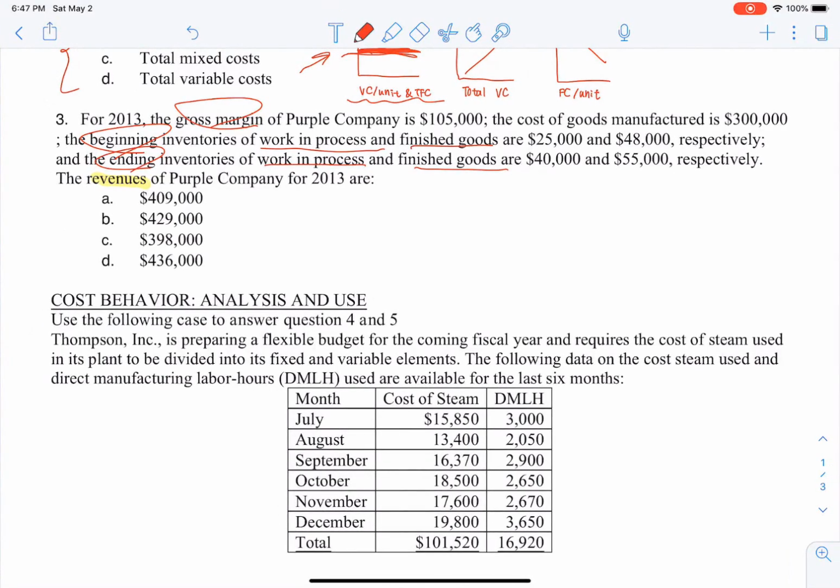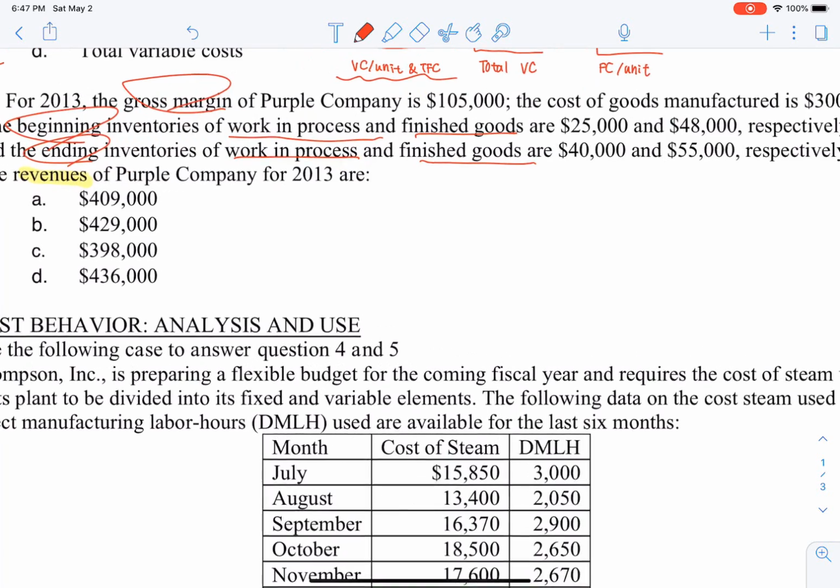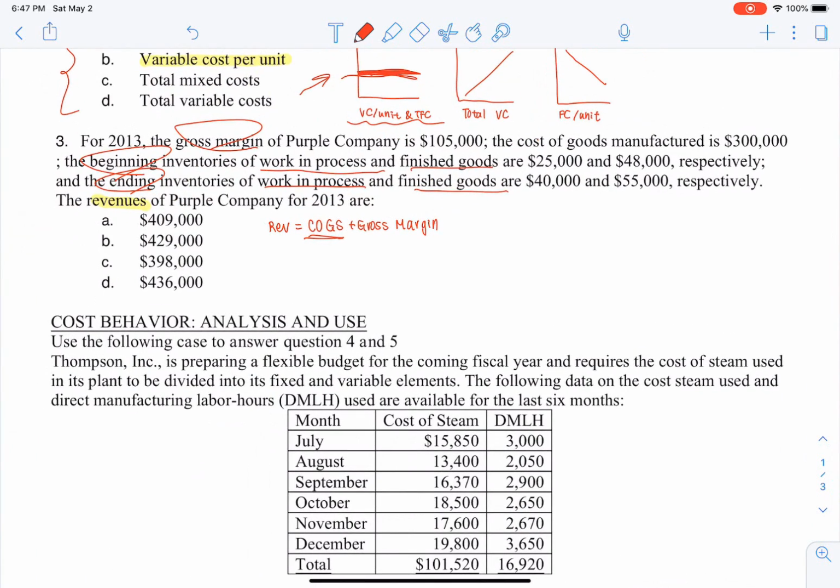Based on all the numbers given, the only way to calculate the revenue is by adding the cost of goods sold and the gross margin. The problem already gave us the gross margin, so we only need to calculate the cost of goods sold. But cost of goods sold wasn't given in the problem, so we have to calculate it.